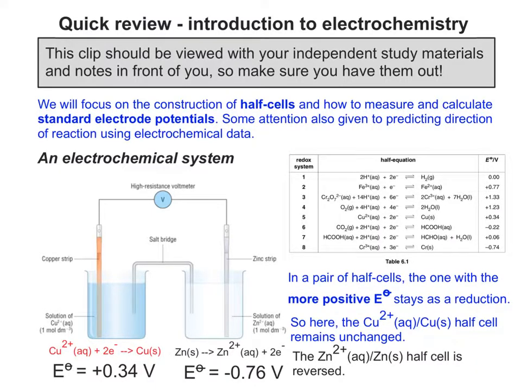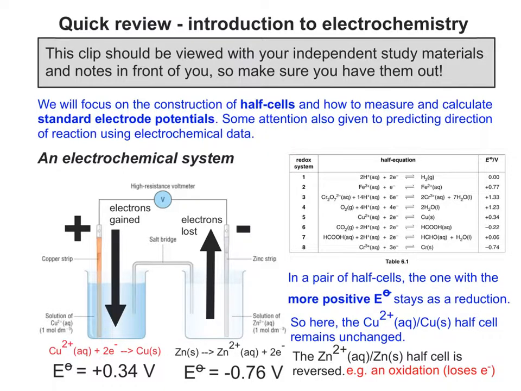If it's reversed, it becomes an oxidation. That means it's losing electrons. If it's losing electrons in that direction, the direction of the arrow, that must mean that the electrons are building up. So if the electrons build up, that particular half cell must become negatively charged.